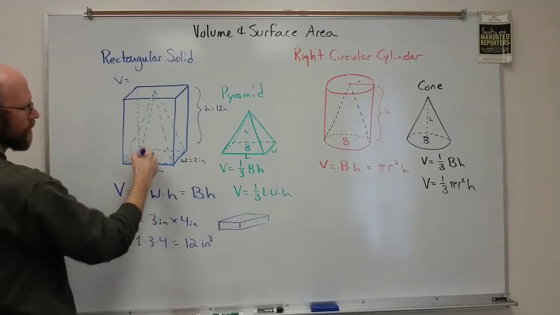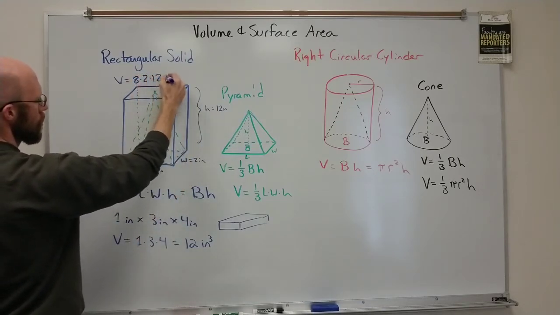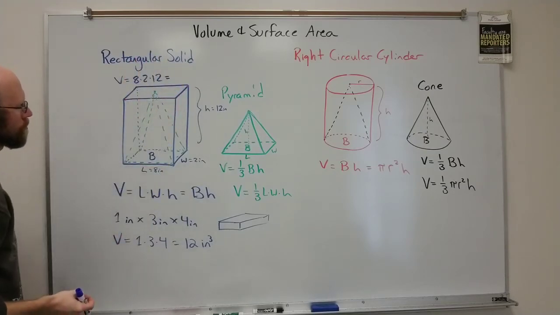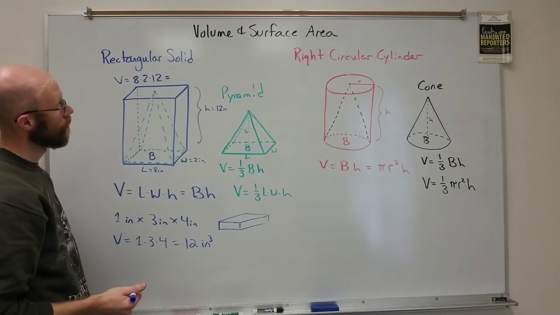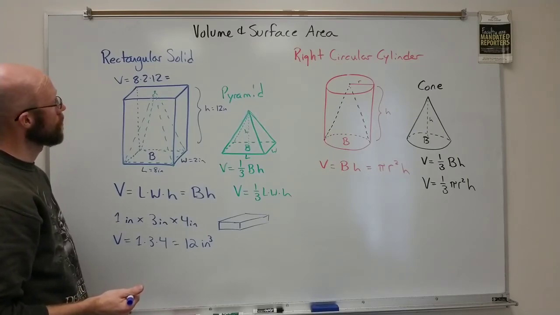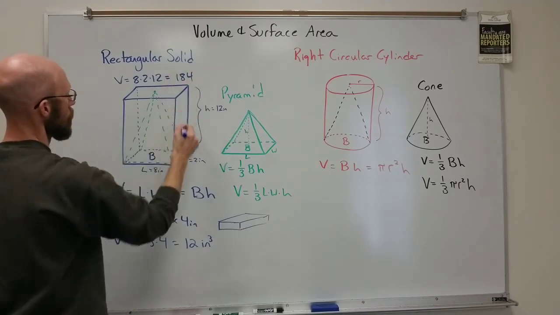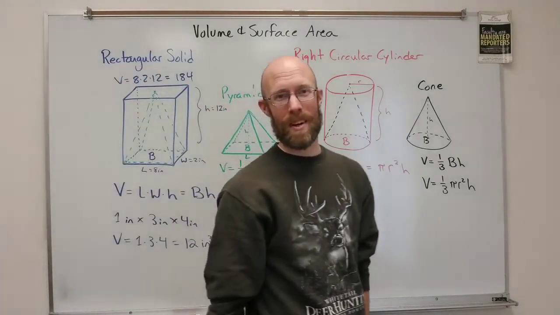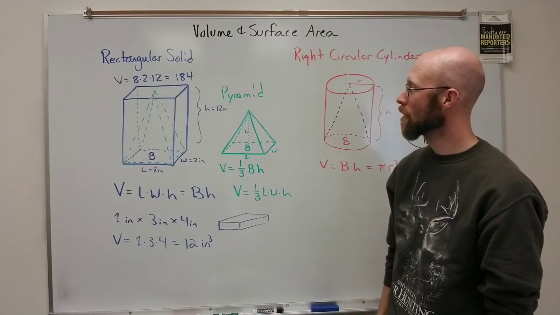Length times width is your base area, 8 times 2 times 12 height, which is, 24 times 8 is 160 plus 24, 184. Could I be mistaken on that potentially, but I think that's right. 144. No.